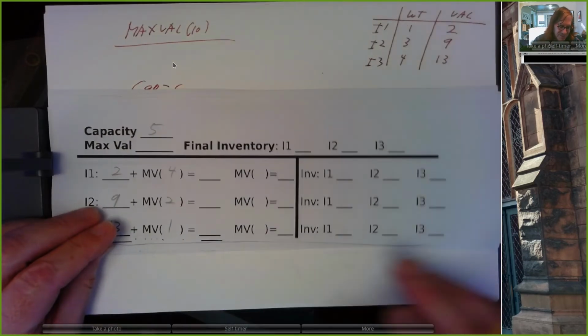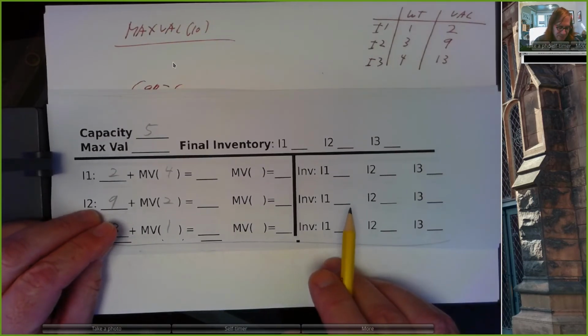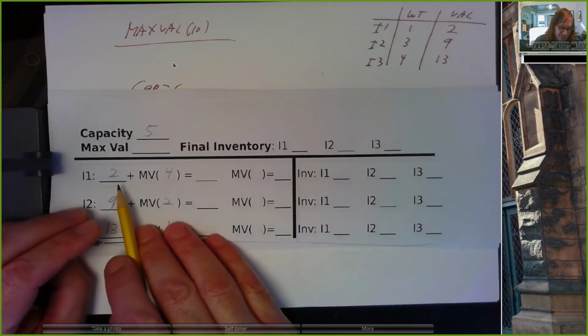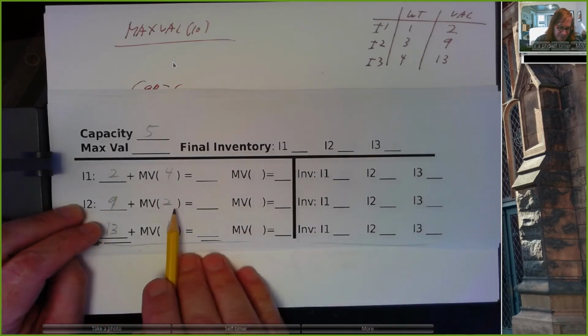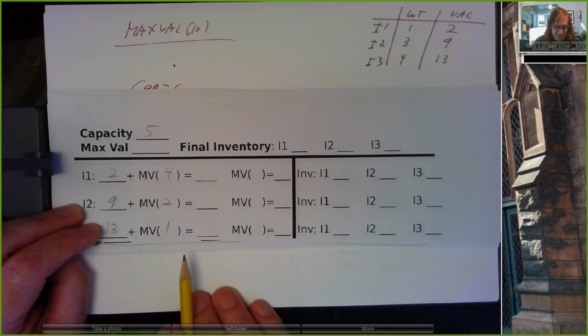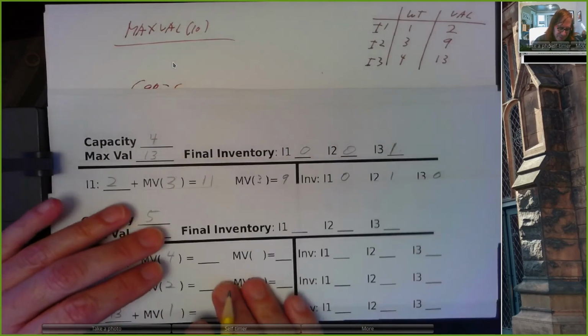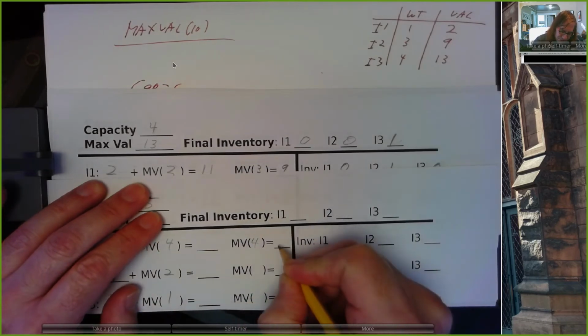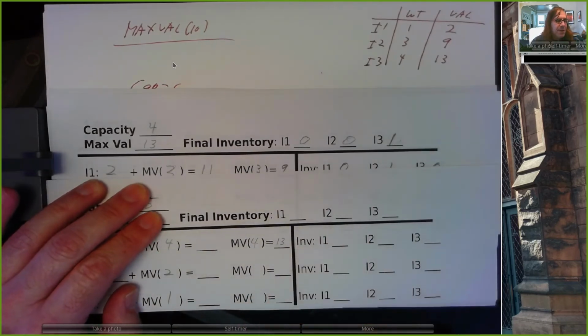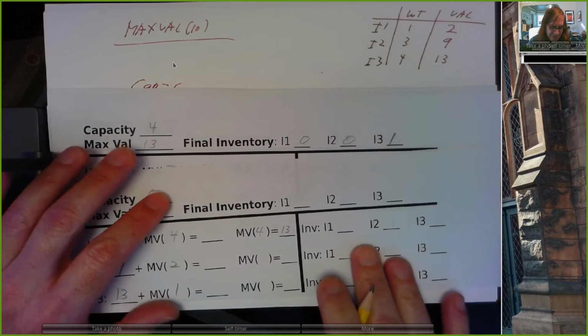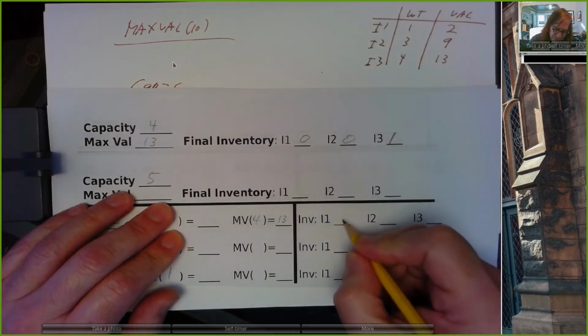All right, let's do max val 5. This one gets to be more interesting. So it's either 2 plus max val 4, 9 plus max val 2, or 13 plus max val 1. Well, we just calculated max val 4, and we found that max val of 4 was 13. And the item count that gets us 13 is 0, 0, 1.